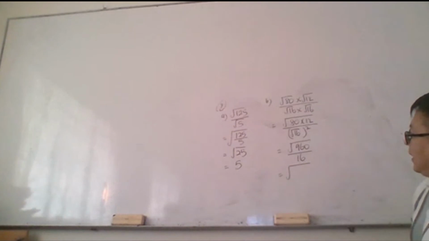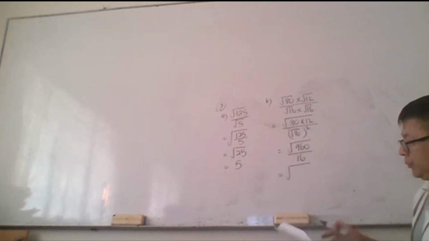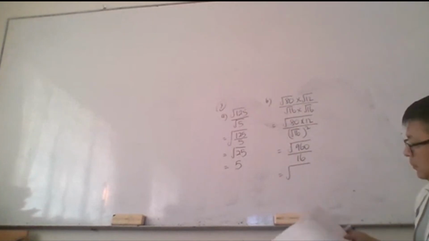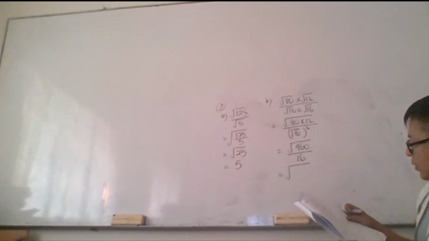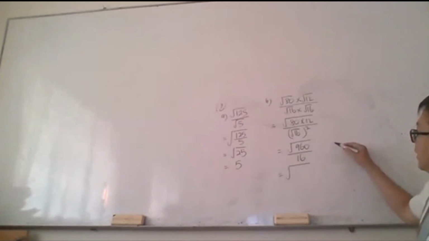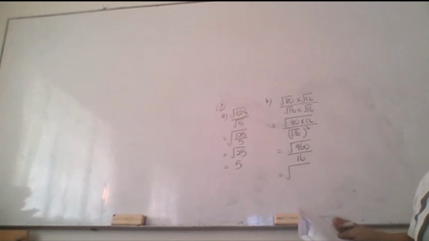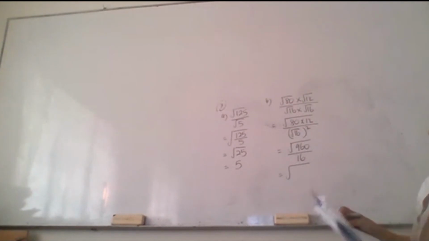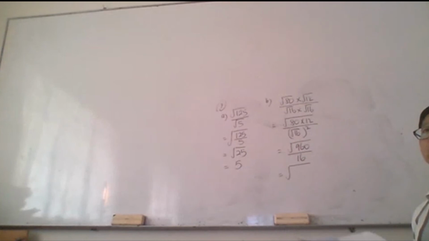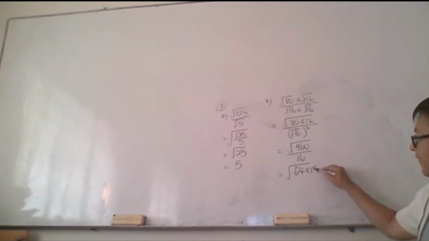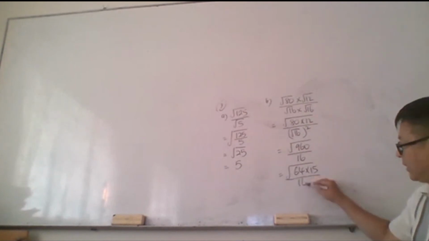960 can be hundreds. Can be 15 times something. Let me use the calculator. Okay, 960 is 64 times 15, over 16.